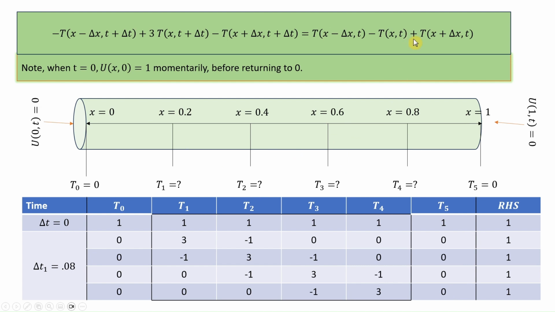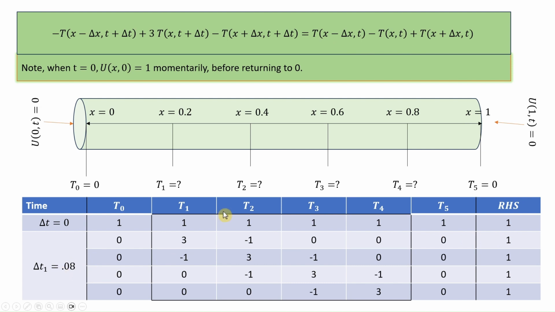Okay, so utilizing this side here and plugging in the information, we know each of these values, and each of those values turns out to be 1 for the temperature along the rod in our initial temperature step. Okay, and that is to say, before we started the clock, the temperature was 1 everywhere, and so what is the temperature when you look at it outside of that first step?